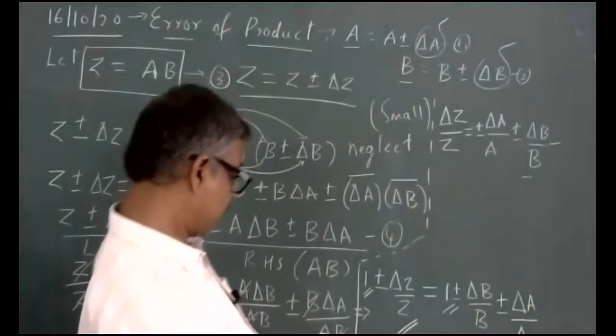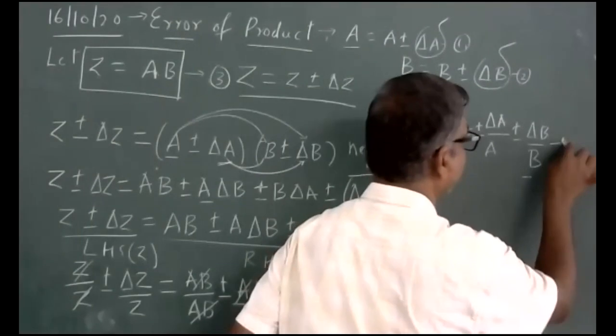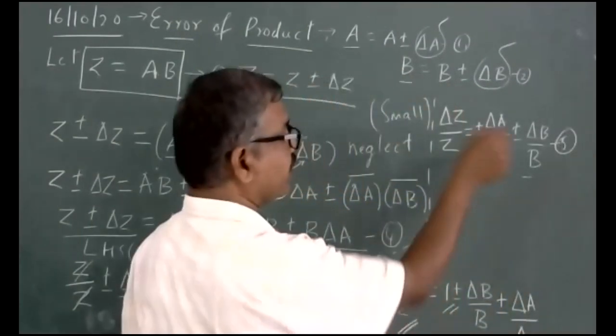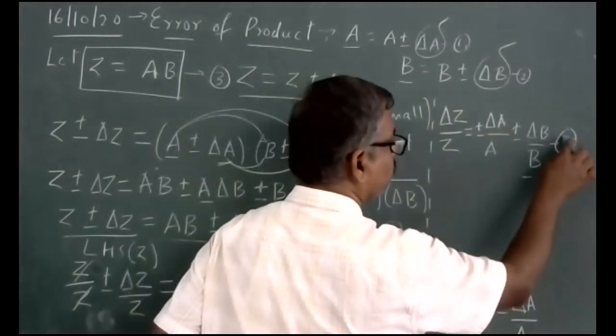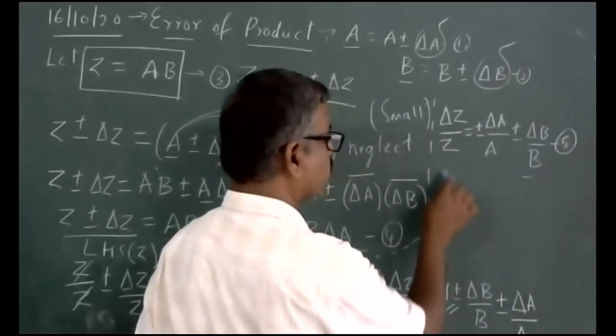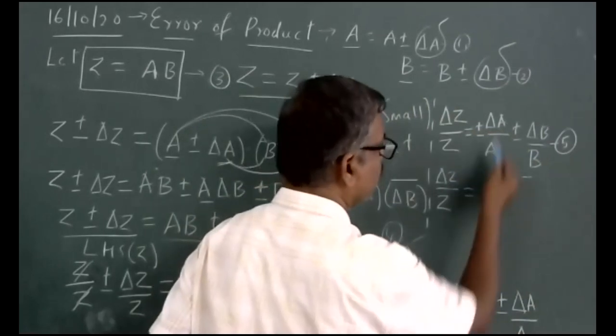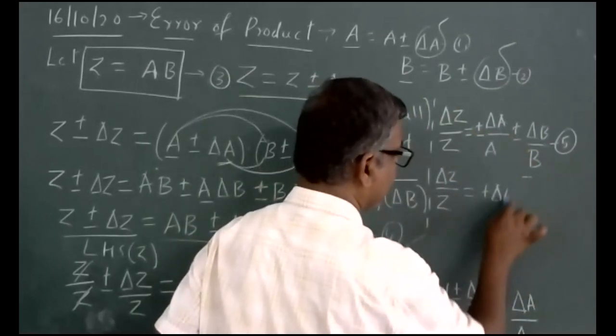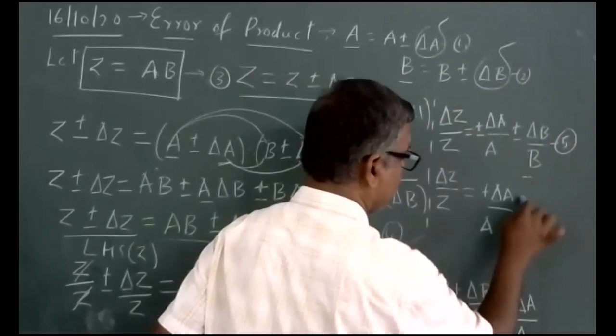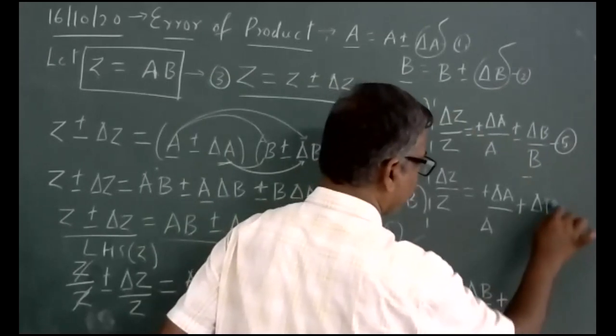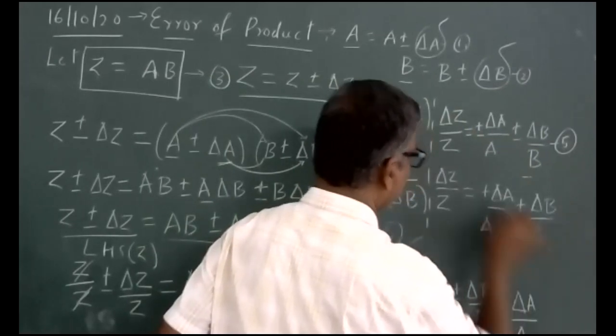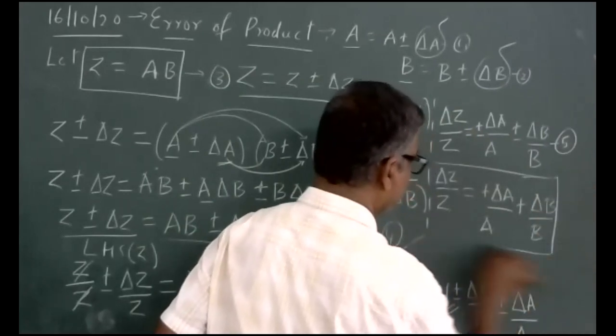You can call it equation 5. When you look at equation 5, out of the four possibilities, delta Z by Z equivalent to plus delta A by A plus delta B by B gives you the maximum possible error.